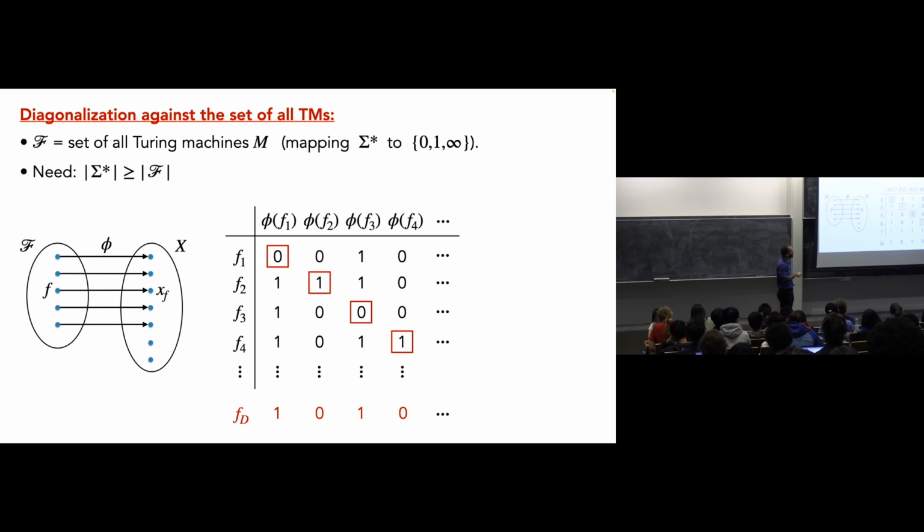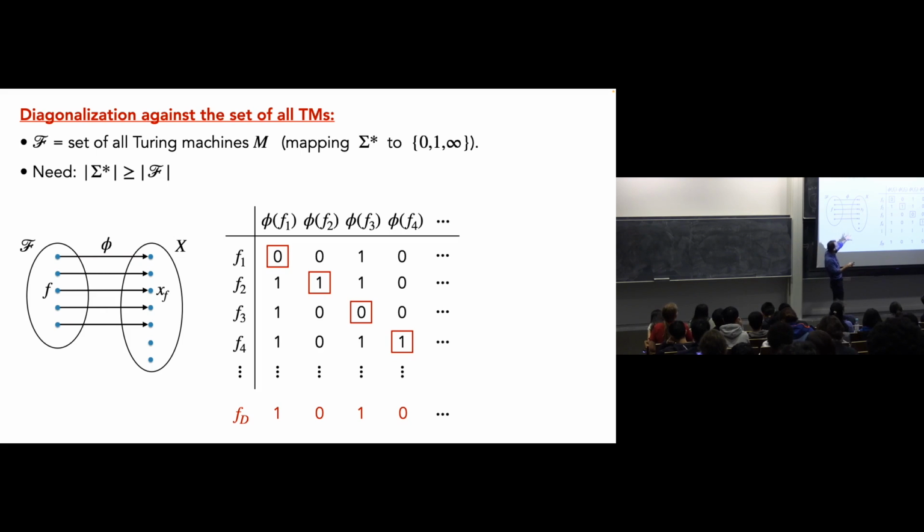Why 0, 1, infinity? 0 for rejects, 1 for accepts, and infinity for looping forever. There are three possibilities when you feed an input x to a Turing machine: either it rejects, it accepts, or it loops forever. I denote these by 0, 1, and infinity. So I can view every Turing machine as a function from sigma star to 0, 1, infinity.